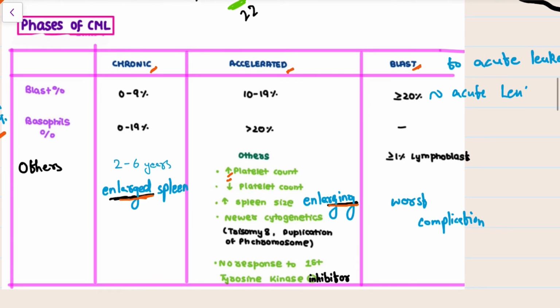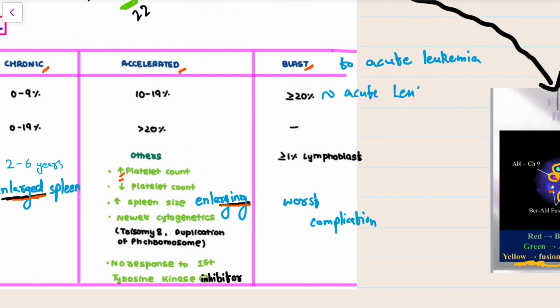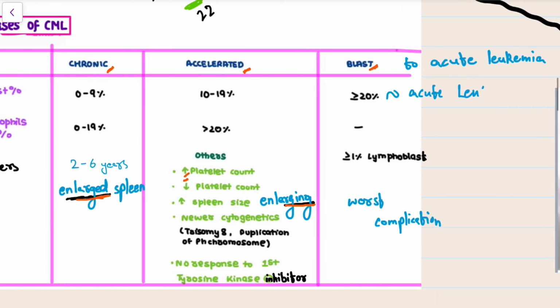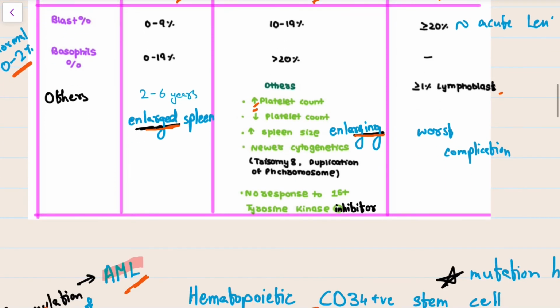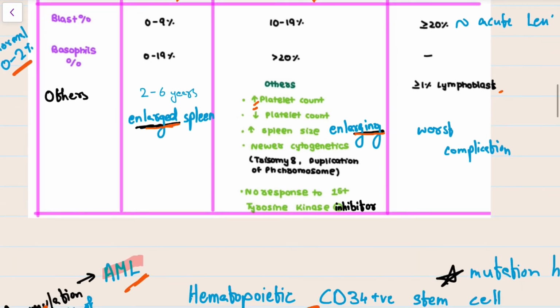And with that, it gives rise to a lot of cytogenetic problems like trisomy 8 and duplication of the Philadelphia chromosome itself. So there are lots of other gene abnormalities occurring, and the blast phase is one of the worst. It's really bad, and the lymphoblast cell count is greater than or equal to 1% over here. And in the accelerated phase, there is no response to the tyrosine kinase inhibitor, aka imatinib.